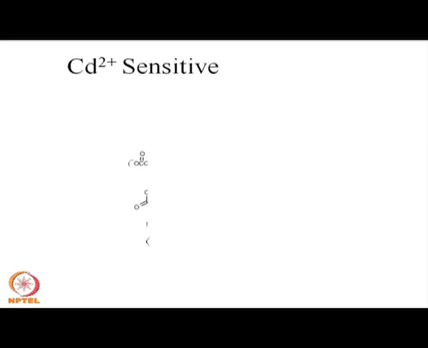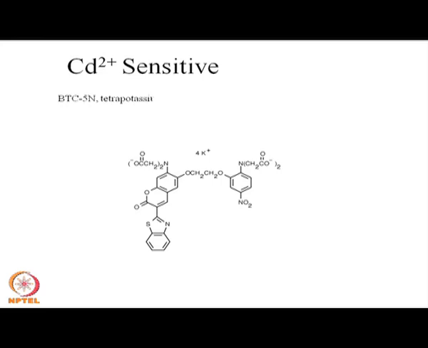Cadmium 2 plus sensitive, this is another system. This is BTC 5N tetrapotassium salt, it is 5 nitro benzothiazole coumarin.